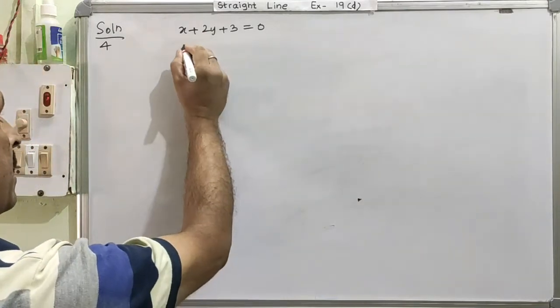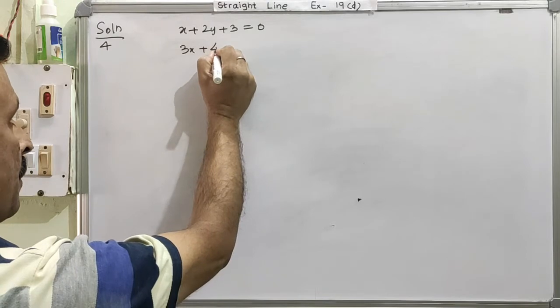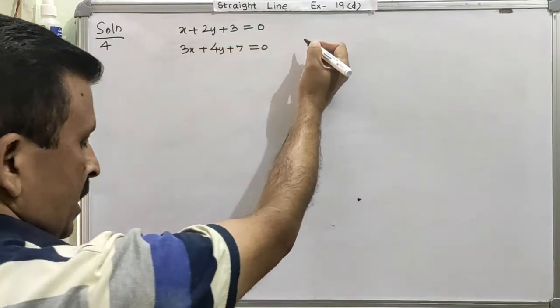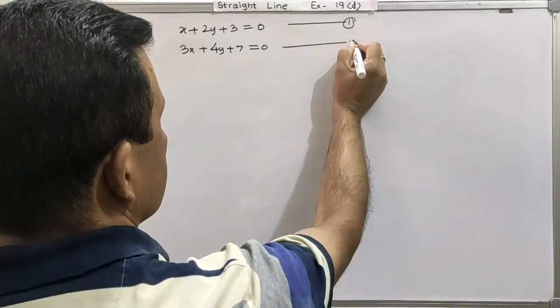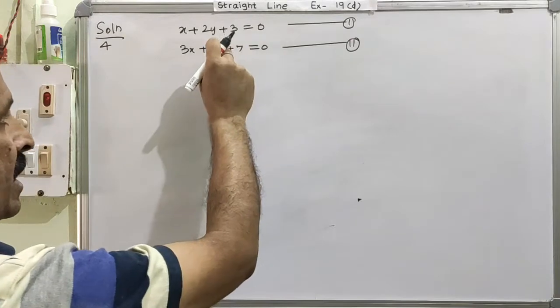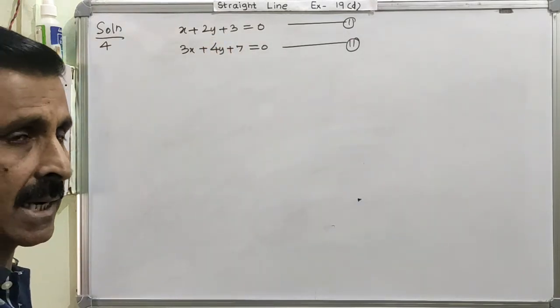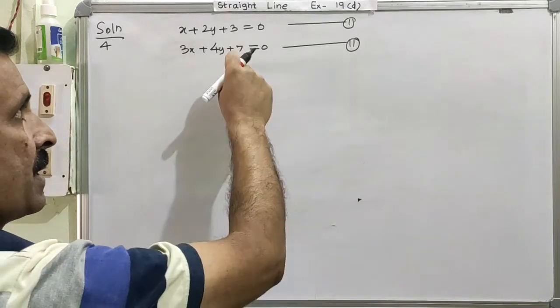Another equation we have is 3x plus 4y plus 7 is equal to 0. These are the equations of the two lines which are intersecting, and the line passes through the point of intersection of these two lines.